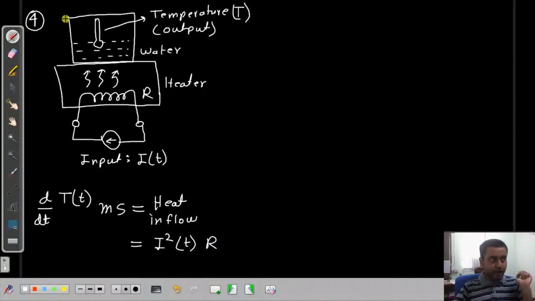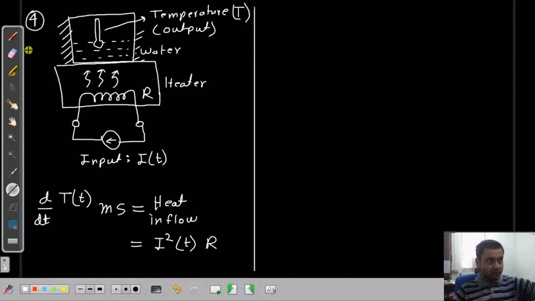This is true under simplified assumptions, like that this entire system is insulated and there is no heat leakage, etc. So that was a simple example.